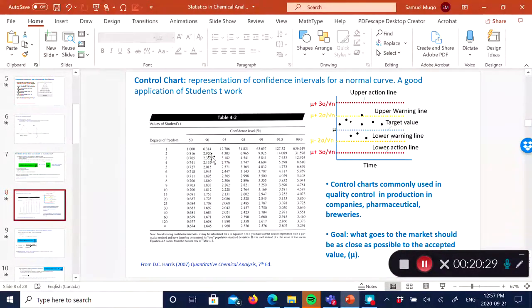As you've seen, the student's T here, it's a table. And the student's T, as I've mentioned, is dependent on the confidence level that you want to use to calculate, and the degrees of freedom, the n minus 1.